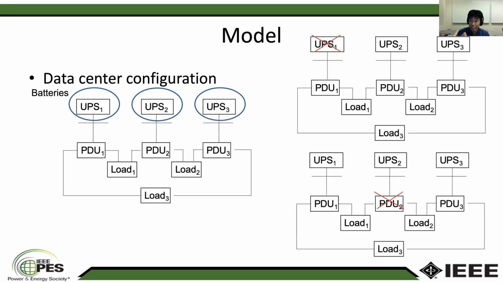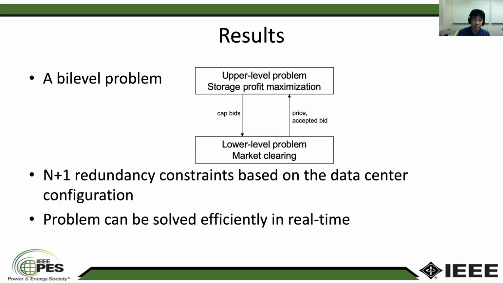When we look at the amount of energy in the battery that satisfies these constraints, this is a more dynamic constraint than just summing up the total capacity available. It depends on how the load changes, and we need to make sure we have enough capacity in the battery, which can change over time. If you put it into a grid service, we're really looking at something like a bi-level problem.